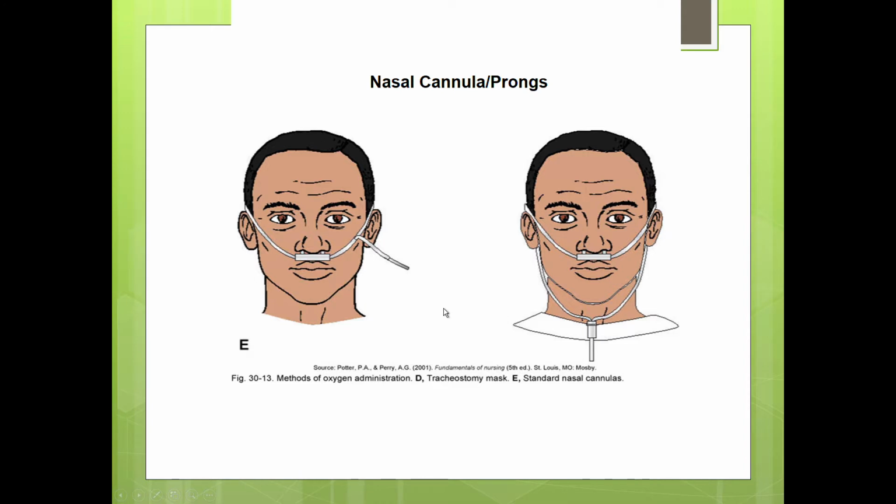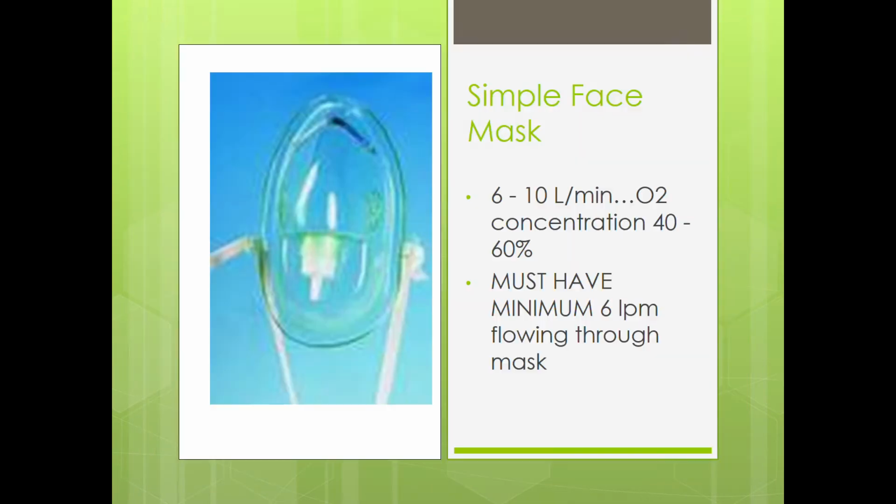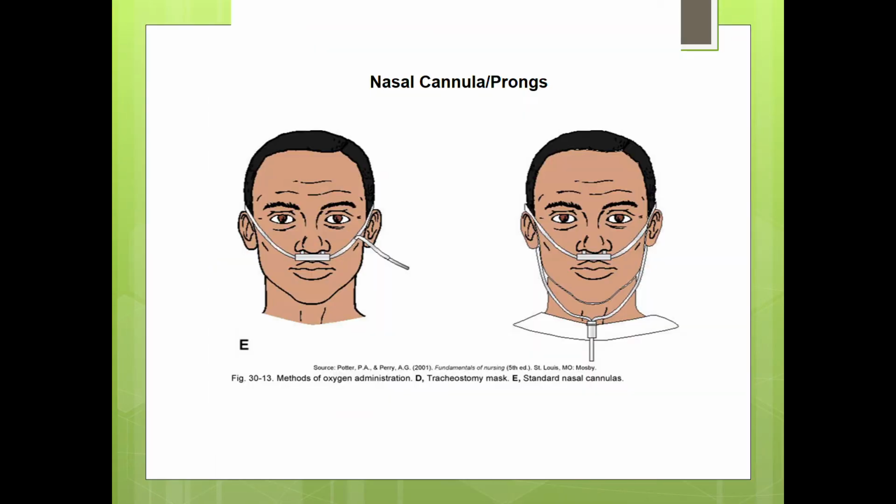You'll have a chance to do that in lab. So a nasal cannula typically will go from 2 to 6 liters per minute. It is designed for low flow oxygen. Okay, as patients get sicker and their oxygen demands increase, then they require a mask instead.